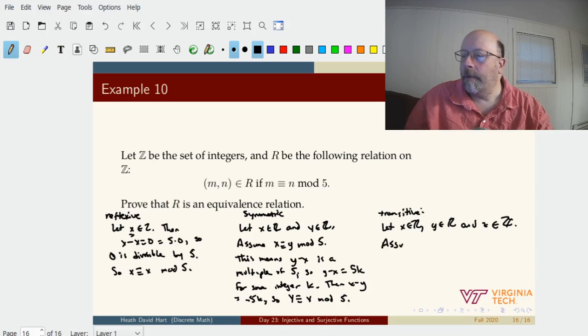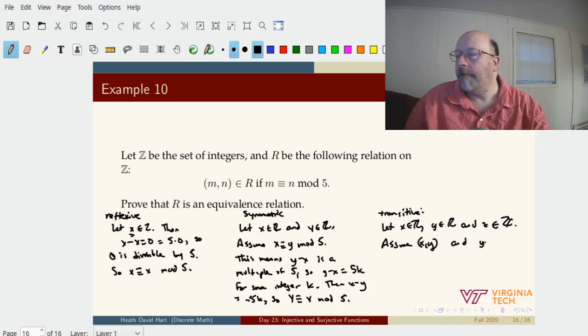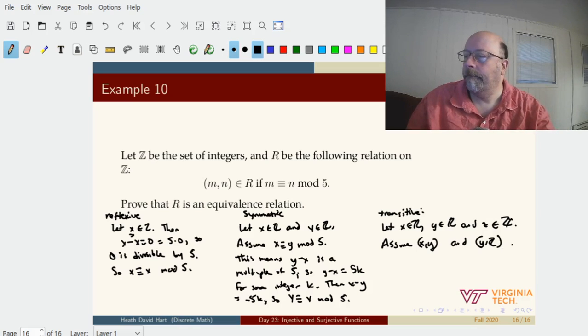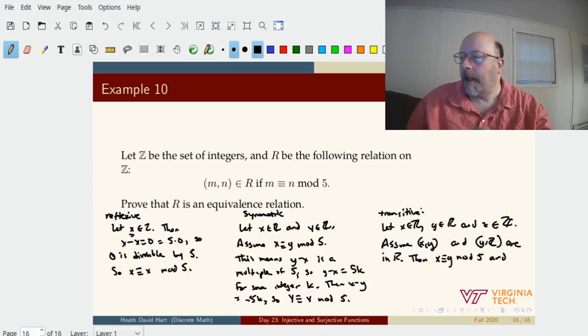Assume that (x, y) and (y, z) are in the relation. What that means is that x is congruent to y mod 5 and y is congruent to z mod 5.